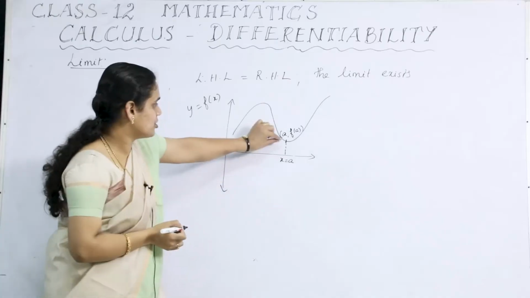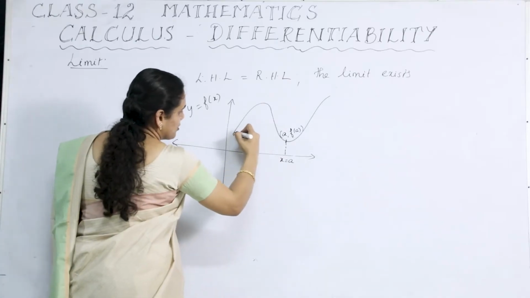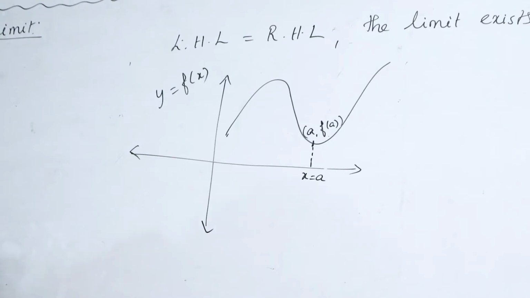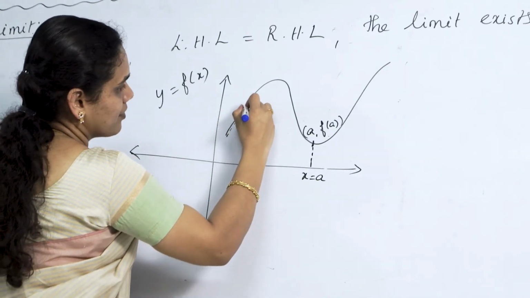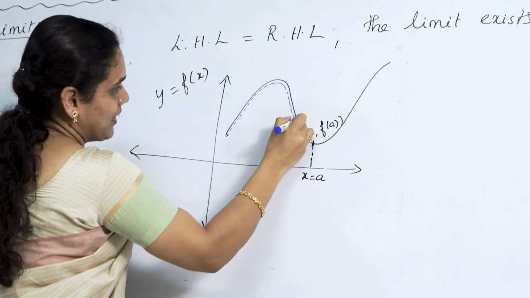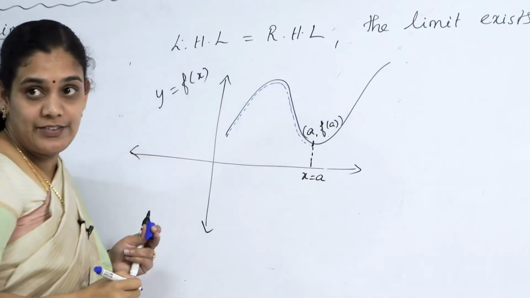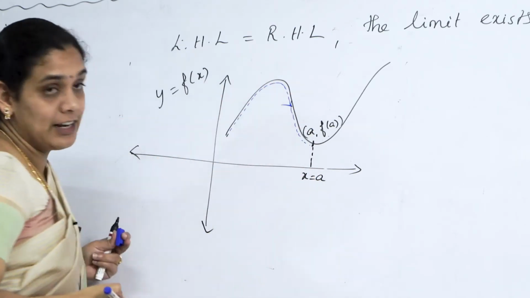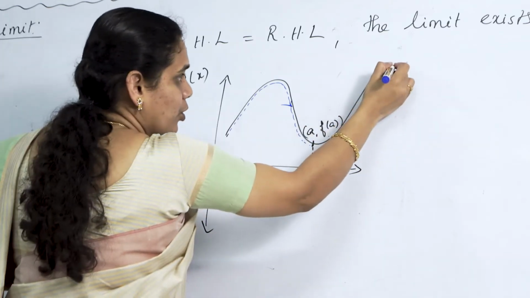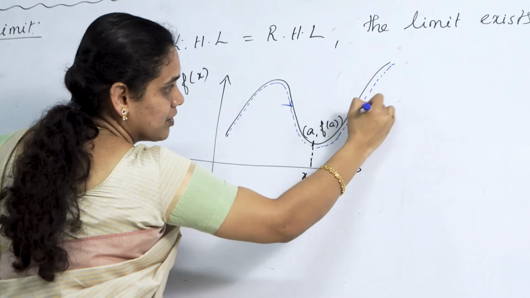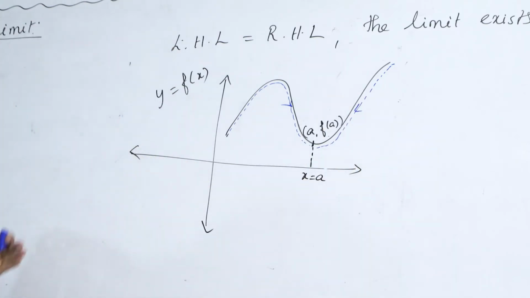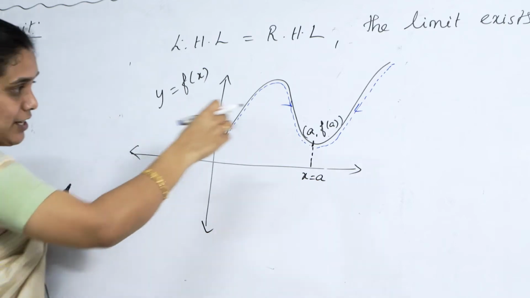So you can approach this value from the left side, moving on the graph from the left side like this, but we are not achieving the value. This is the left hand limit, and here you are approaching a to get f(a) from the right side, but you are not achieving that value. You are coming closer, but you are not achieving this value.